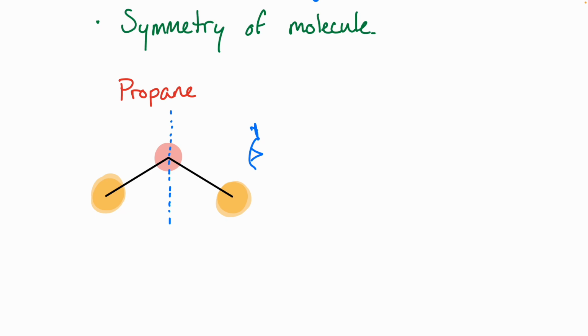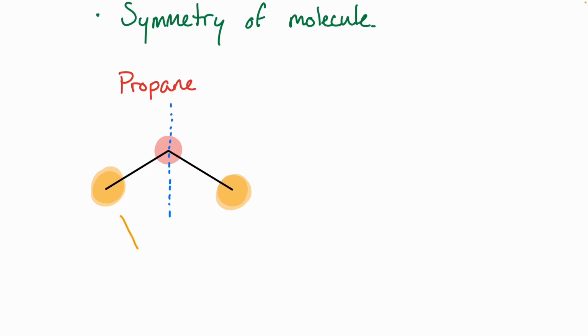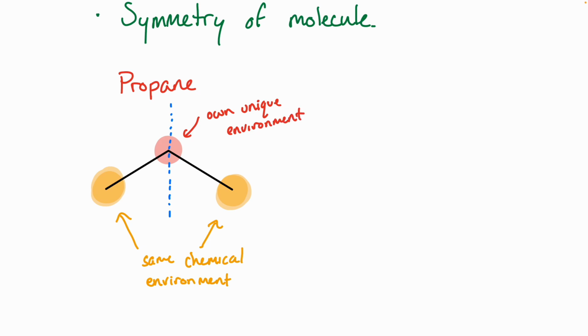So these two environments are the exact same chemical environment, and then this one is off on its own. If I were to take the carbon-13 NMR spectrum of propane, I would expect to see two peaks: one corresponding to the orange group of carbons, one corresponding to the red carbon.